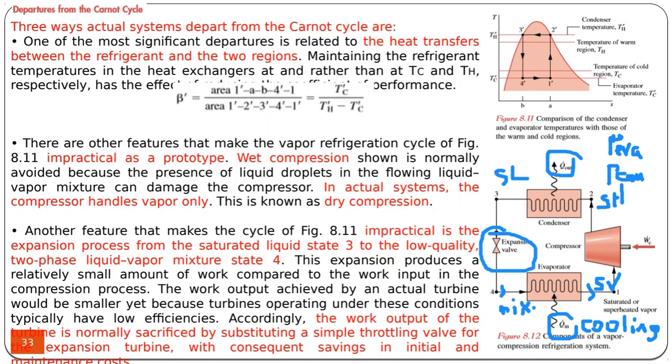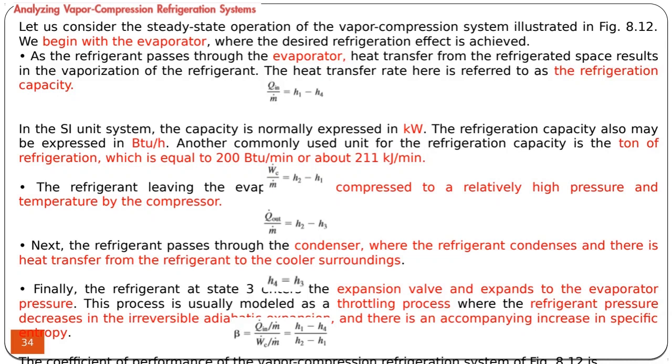So for an actual system, we can calculate the heat added or heat absorbed or heat rejected or work added at the compressor by just using the enthalpy differences, similar to the power generation cycles.